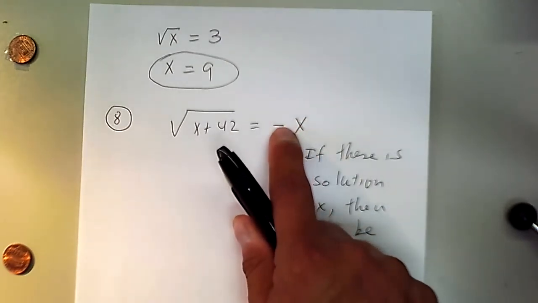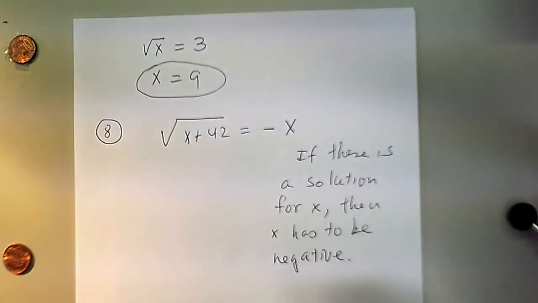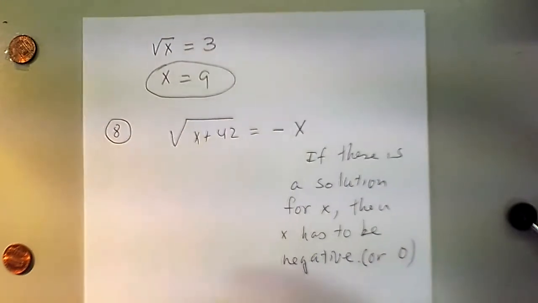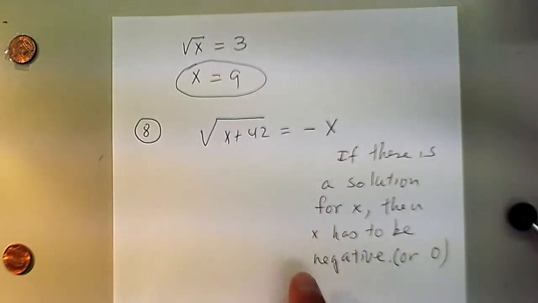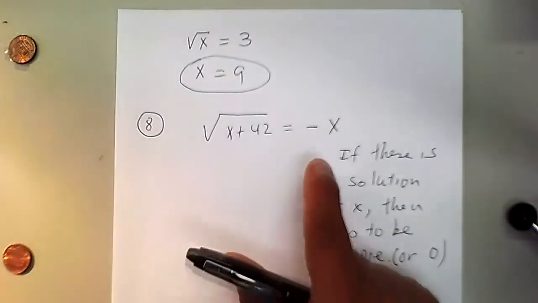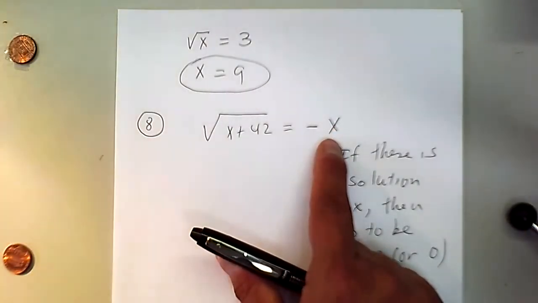So think of the negative as opposite. Okay, or 0. Okay. So again, I just want to emphasize one more time, negative x is not the same as negative 7, because negative x may or may not be positive. We don't know.